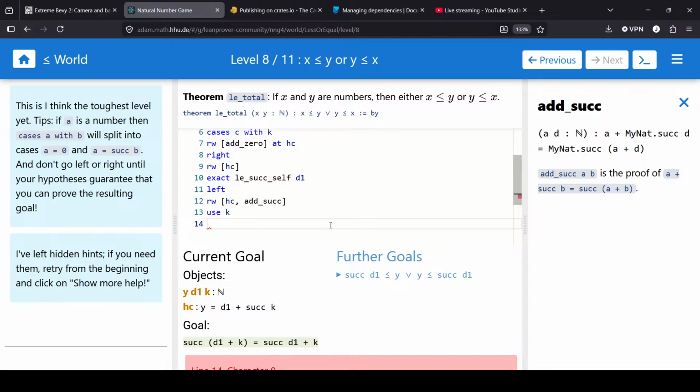So, a plus suck b equals that. So I should be able to rewrite add suck somewhere here, right? Maybe I have to reverse it. Oh no, but now it's the wrong way around.